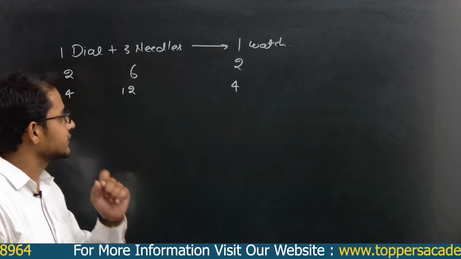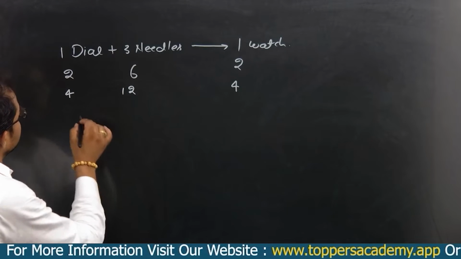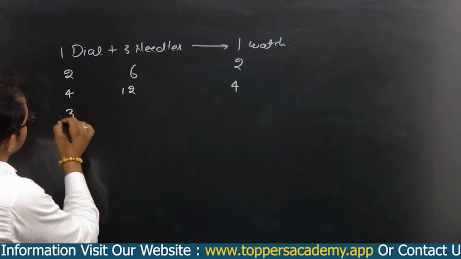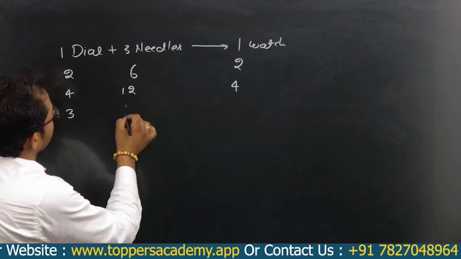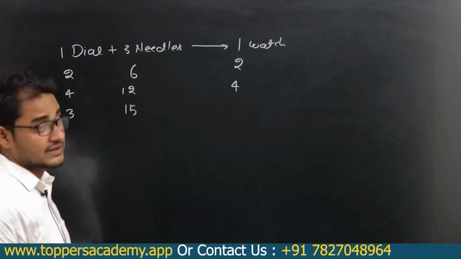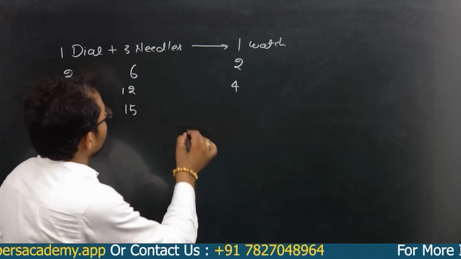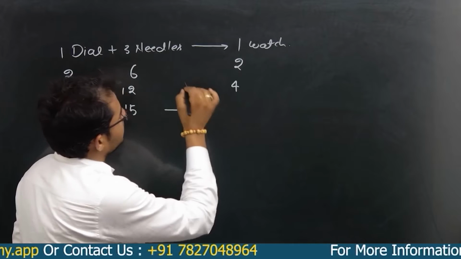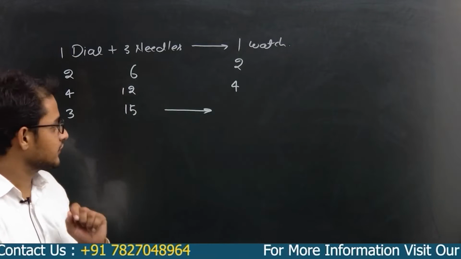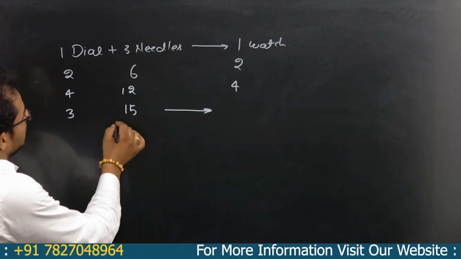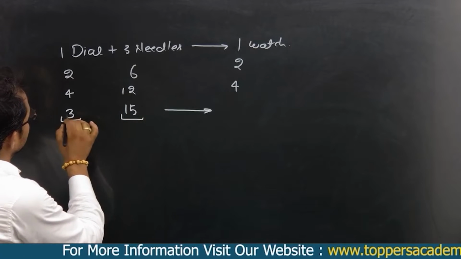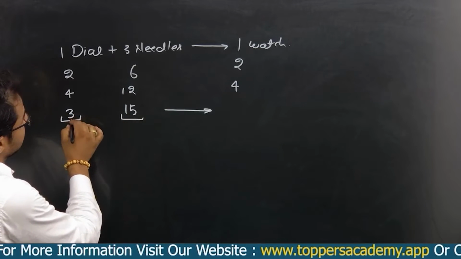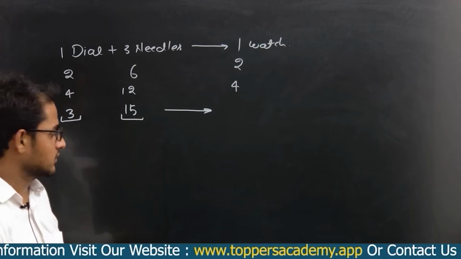Now listen carefully. If I take 3 dials and 15 needles, what will be the number of watches formed? According to the number of dials, 3 watches must be formed, right?